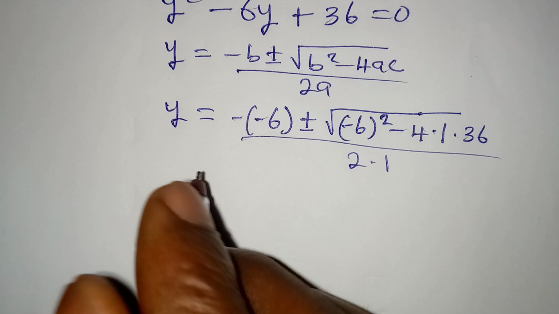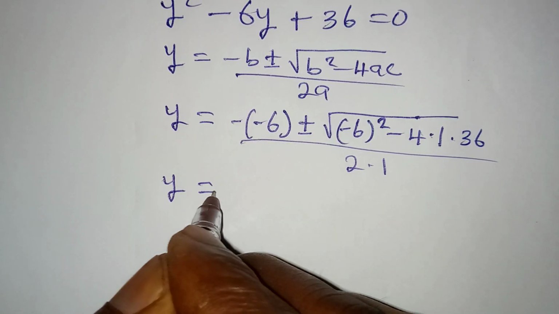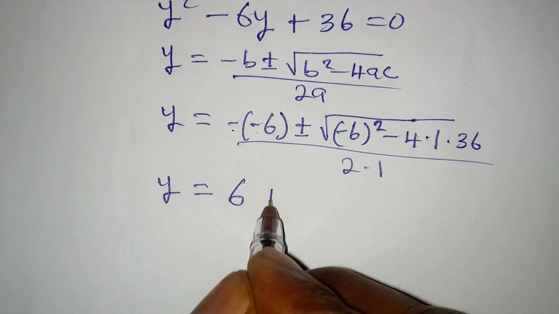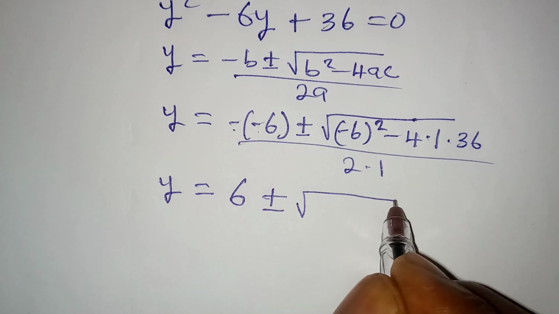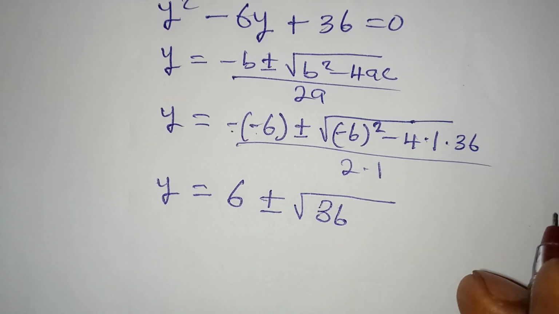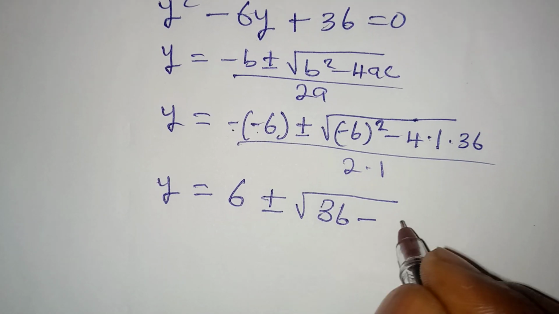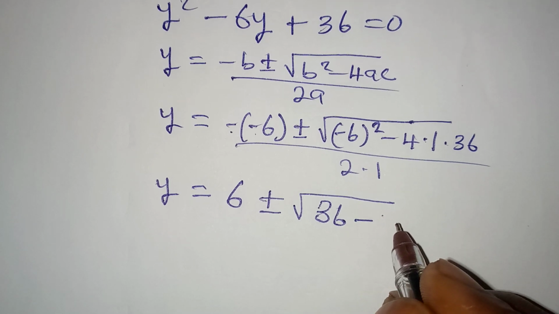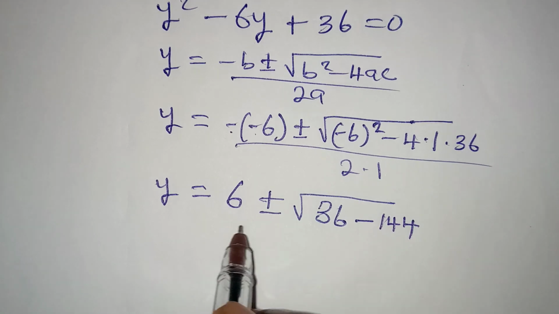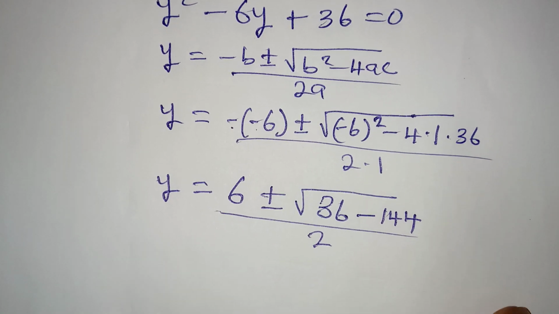Now we are going to continue with this so that y will be equal to negative, which will give us positive 6, plus or minus, and then we have 36 because -6 squared is 36, minus 4 times 1 times 36 will give us 144. So this is over 2.